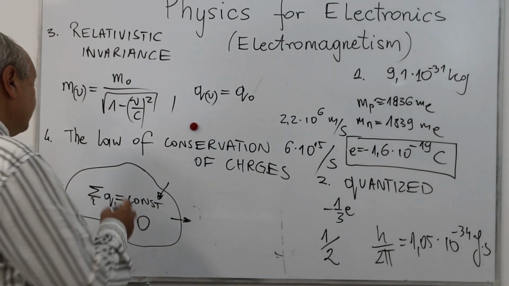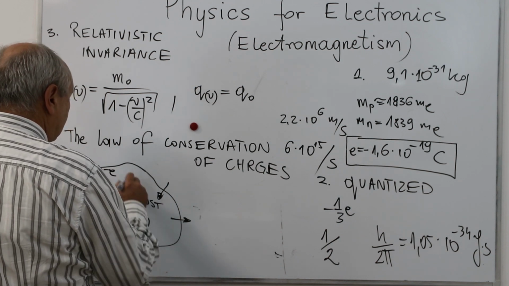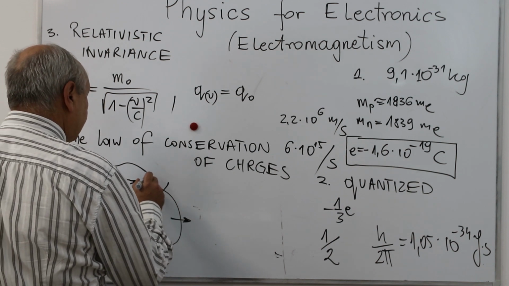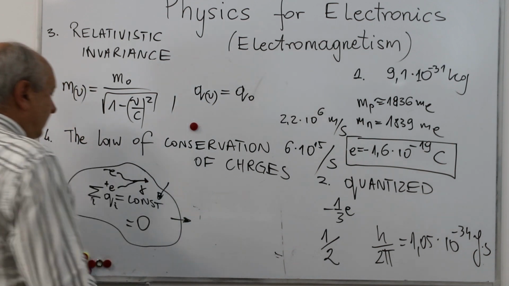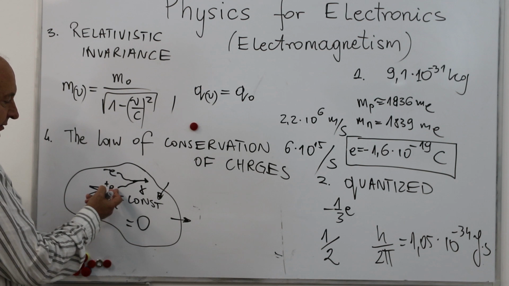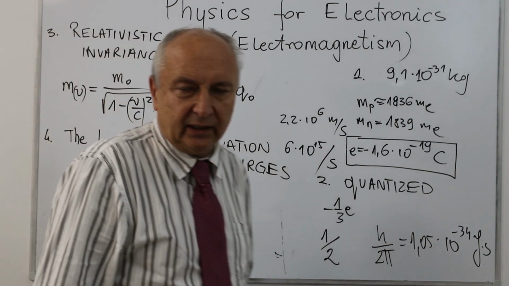So if we are destroying an electron, for example, annihilation of an electron, at the same time we have to destroy a positron, an anti-electron.